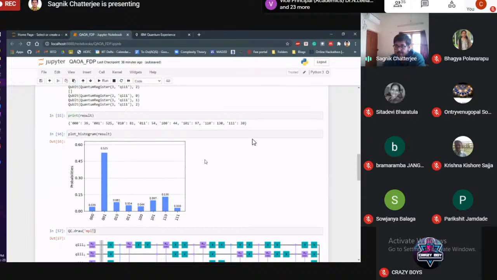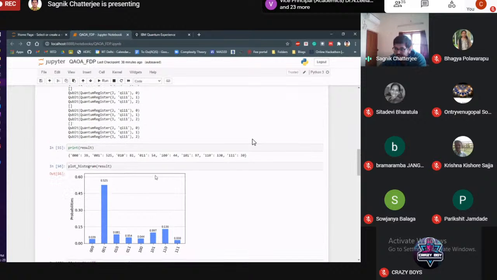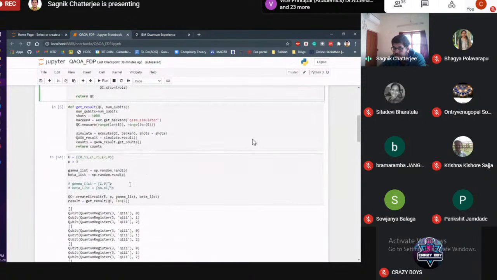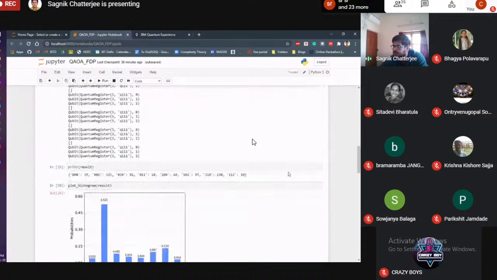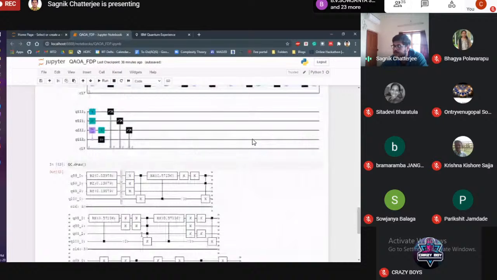This is the power that quantum computing gives you. And this entire power comes from this one line. This line produces superpositions between edges which are in or not in the matching. That's all I wanted to show everyone for QAOA.